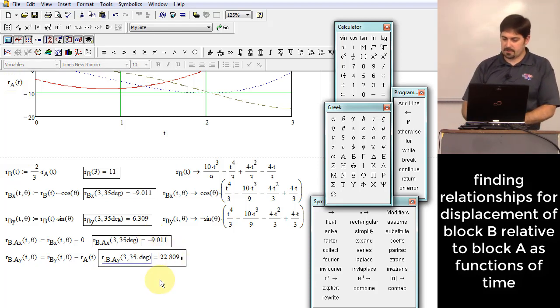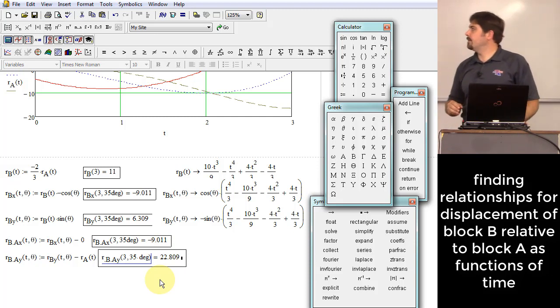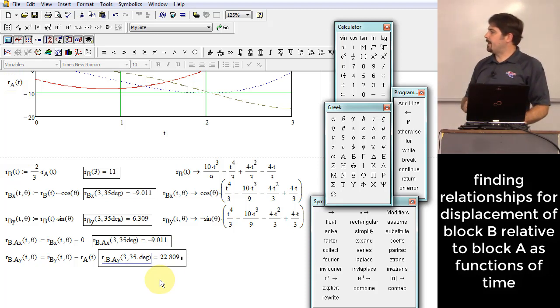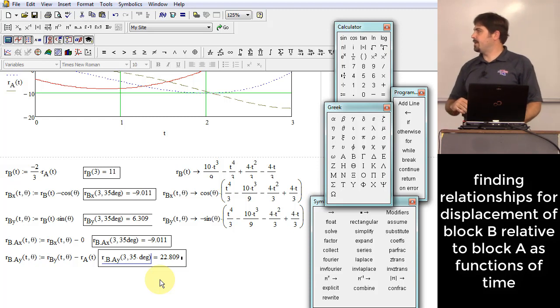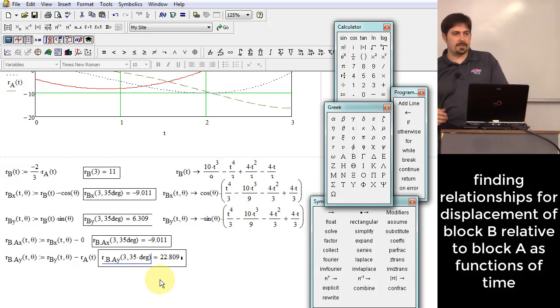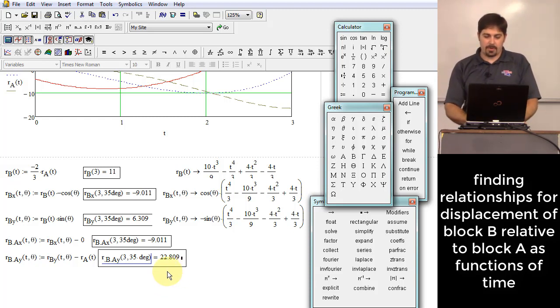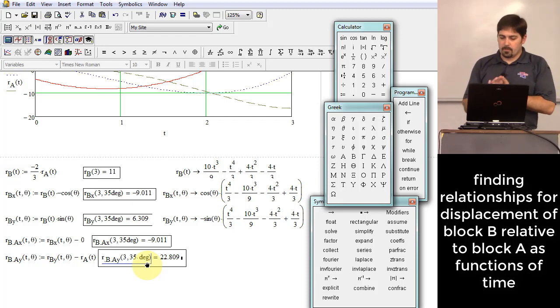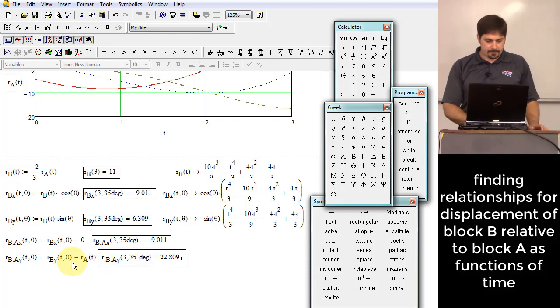That tells me that my y component of B relative to A has a difference basically of 22.809 inches. All of these values that I just came up with will be in inches.